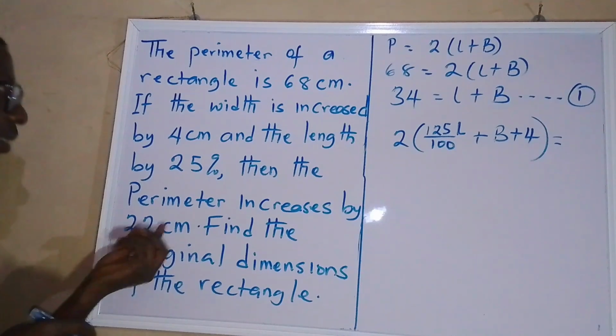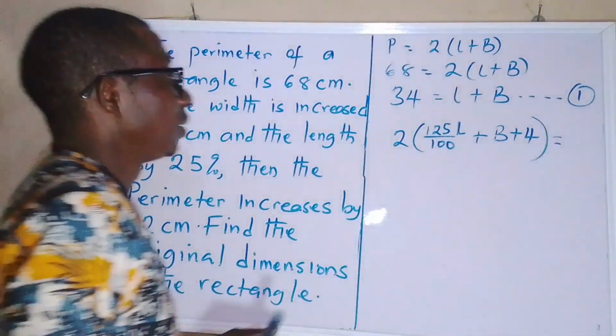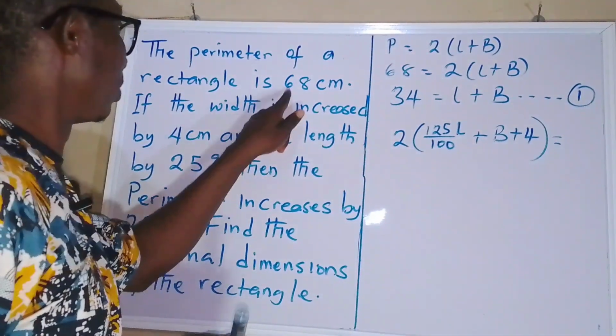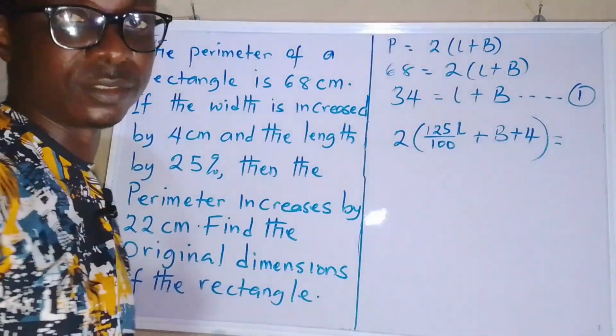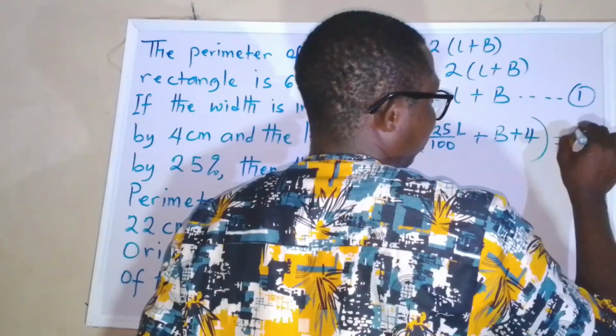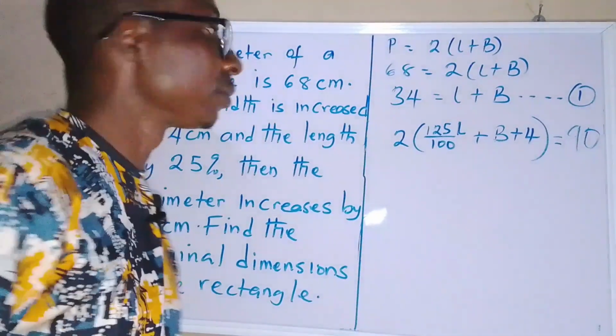So that means you add this to this. When you add that, that's 70, 80, 90. You'll be having 90. So the perimeter now is going to be 90.